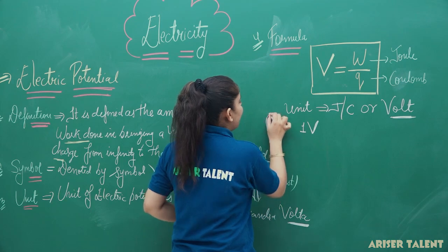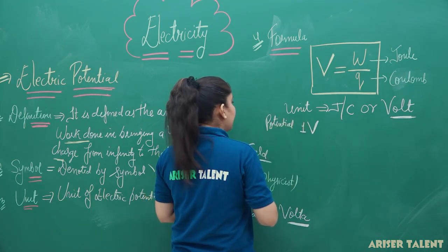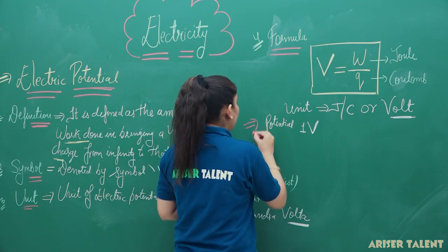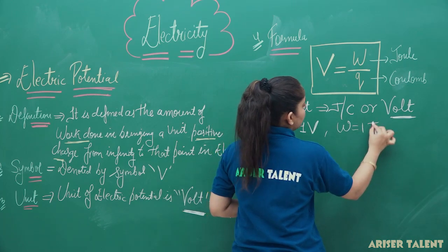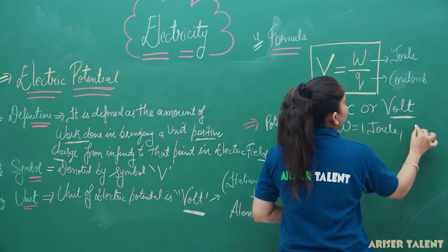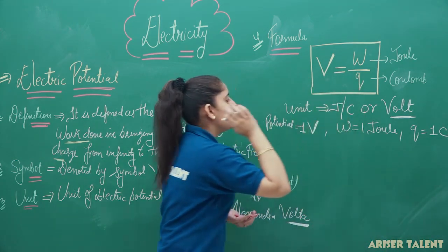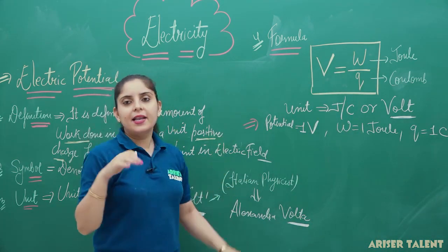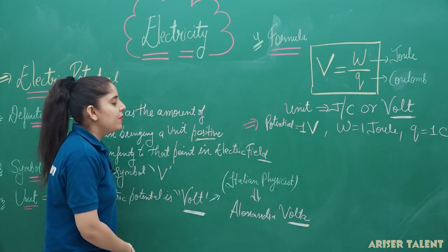Electric potential is said to be 1 volt if work done is 1 joule in bringing a charge of 1 coulomb. It means if all quantities are 1, we can say that the electric potential will be 1. So, this is about the formula of electric potential.